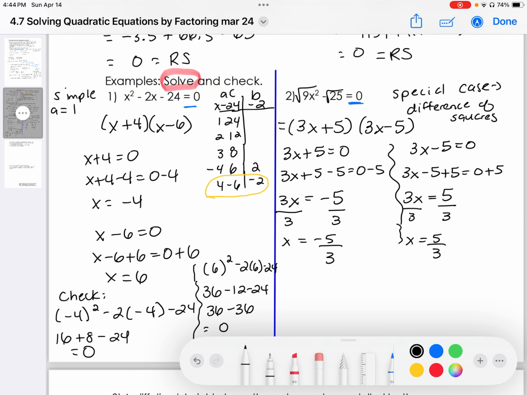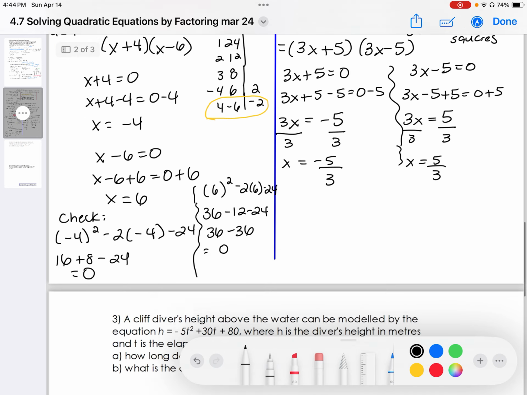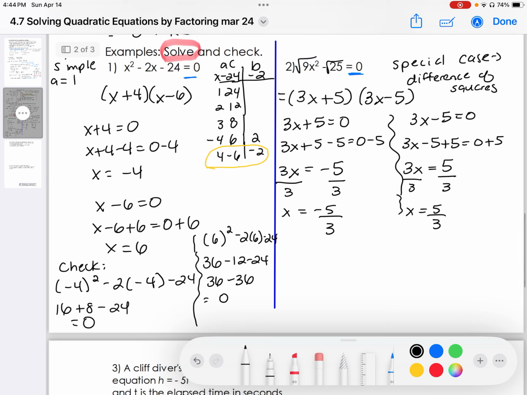Okay, so there we have one positive root and one negative root, which makes sense when we have a difference of squares. Okay, so that's not such a nice number. It is a bit of a repeating decimal.